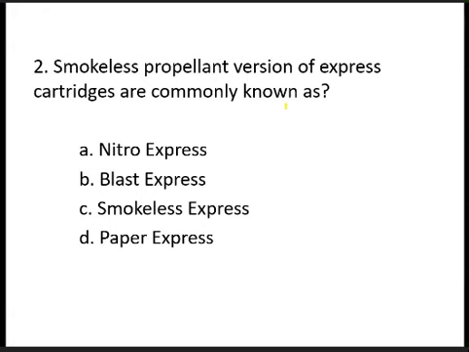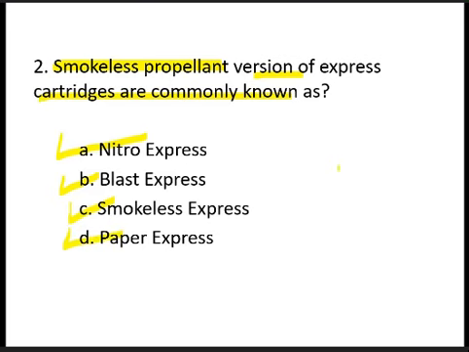Sa number 2, smokeless propellant version of express cartridges are commonly known as. Okay? So, smokeless propellant. Di ba? Kung mag-iskutag smokeless propellant, this is form of smokeless powder. Version of express cartridge are commonly known as, una, nitro, blast express, smokeless express, and paper express.